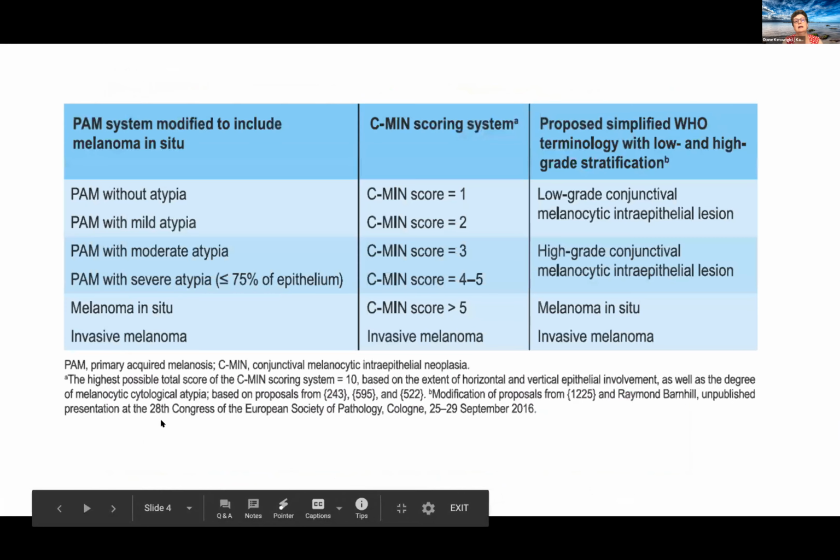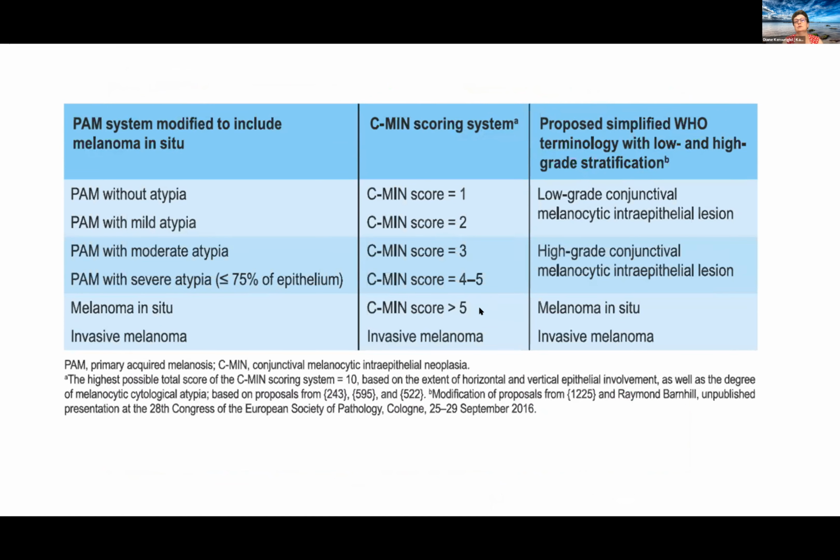Then mild would score some higher ones, and of course the melanoma in situ would score more than 5. So the most important thing is to work out what the score is, and then you know essentially how it will behave. This is something that's been put forward so that we can more easily classify the lesions and more easily predict what they will do.